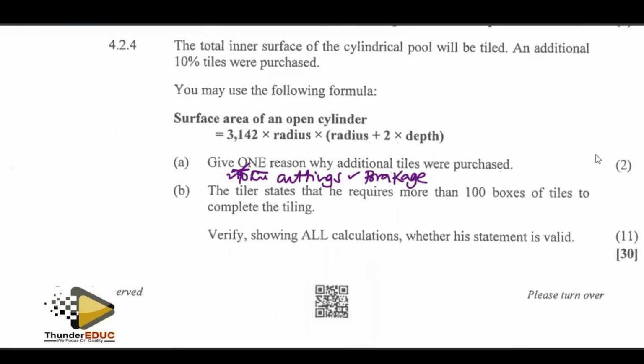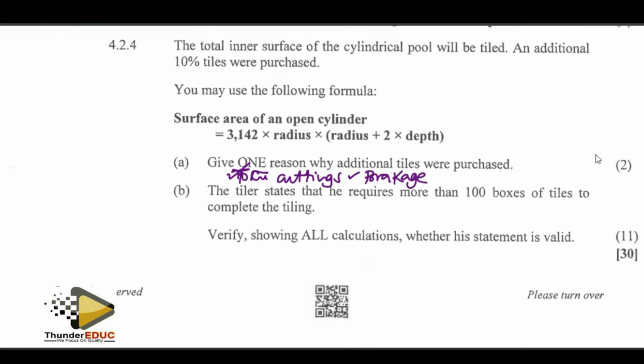The tiler states that he requires more than 100 boxes of tiles to complete the tiling. Verify, showing all calculations, whether the statement is valid. All right. We shall use the formula that we have here.